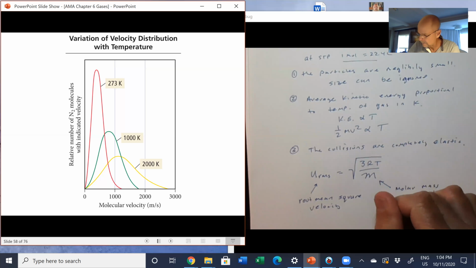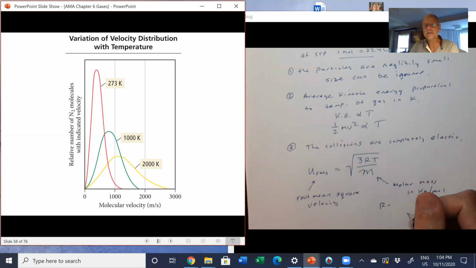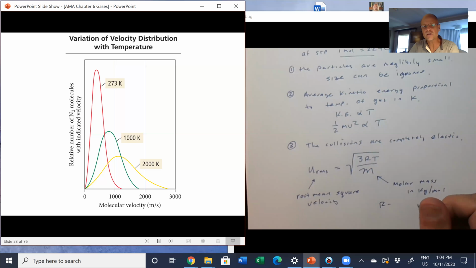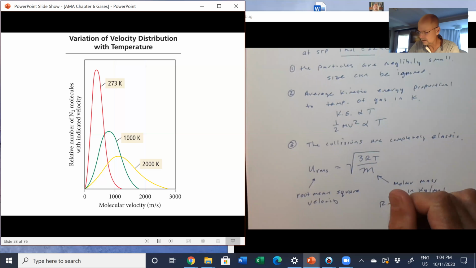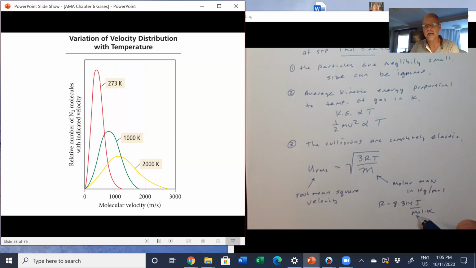R is the ideal gas law constant, but it's in different units. Okay, so R here is 8.314 joules per mole Kelvin. Notice that this is different than the units we use in the ideal gas law, okay? And your equation sheet has both versions of this constant.